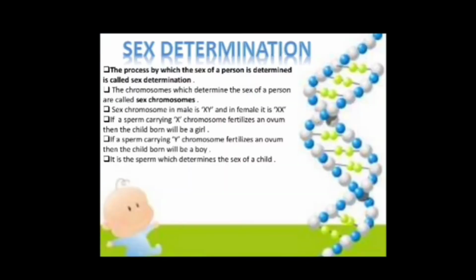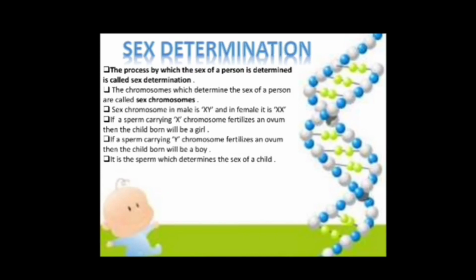Now students, we have already discussed the idea that the two sexes participating in sexual reproduction must be somehow different from each other for a number of reasons. Now, how is the sex of a newborn individual determined? Different species use very different strategies for this. Some rely entirely on environmental cues.